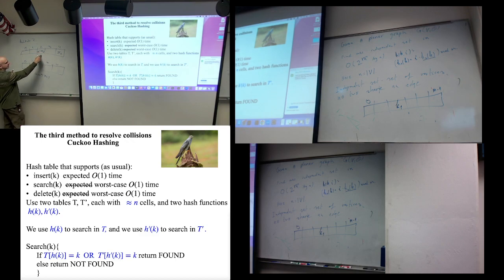And I insert x1 into the other hash table. So I'll compute h2, the other hash function, of x1, the one that was just removed from its nest. Let's say that it goes to this cell. So h2 of x1 happens to be 1, so x1 is here. And in this sense, I created an edge between these two nodes.